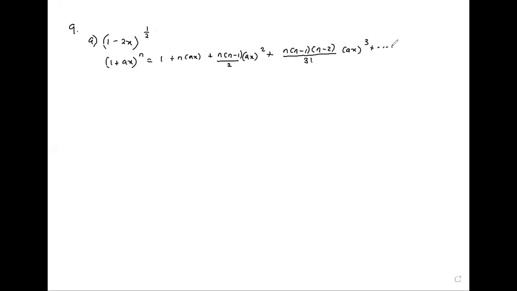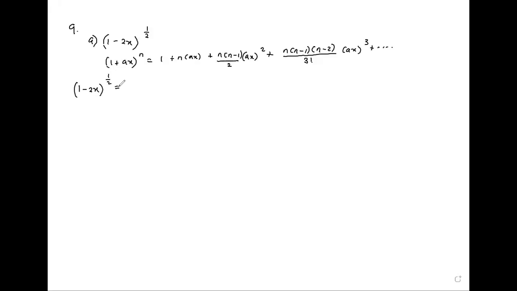In all application questions, the furthest you can go is power 3, and here they are saying expand up to and including the term in x^3. You use this formula whenever you have a 1 in the first position, or whenever you force a 1 to be there.